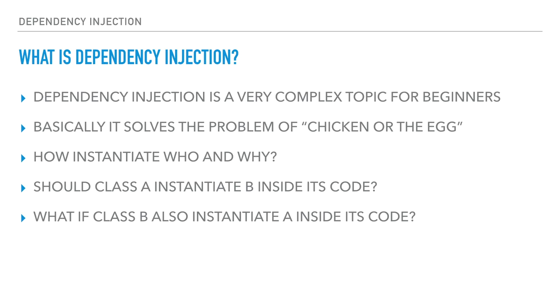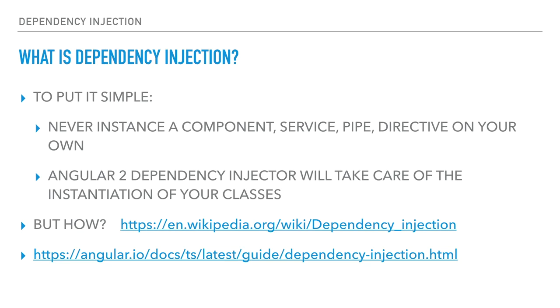So I want to put dependency injection super simple, okay? The idea behind dependency injection is that you won't have to instantiate a component, service, pipe, or directive on your own. So you will never do new component, blah, blah, blah, new service, and so on.